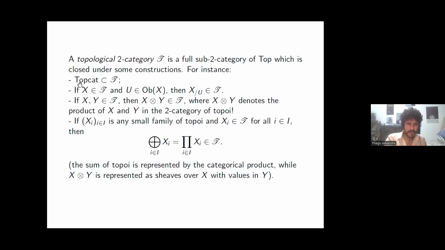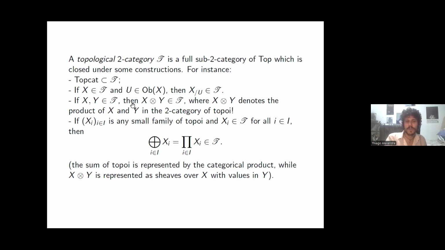So, for instance, I assume that every categorical topos, the two-category of categorical topoi, is included in T, our topological two-category T. I assume that if X is a T-topos, I call the objects of T toposes for now, and U is an object of X, then the local topos here is also a T-topos.